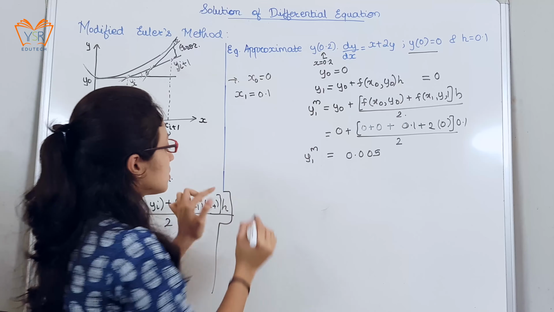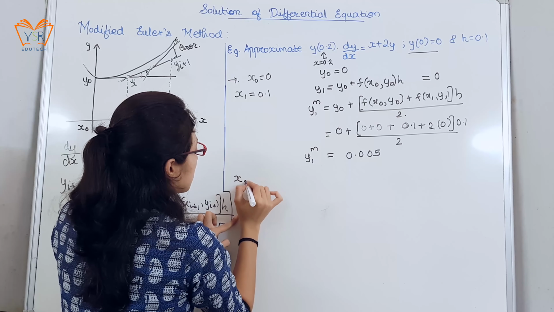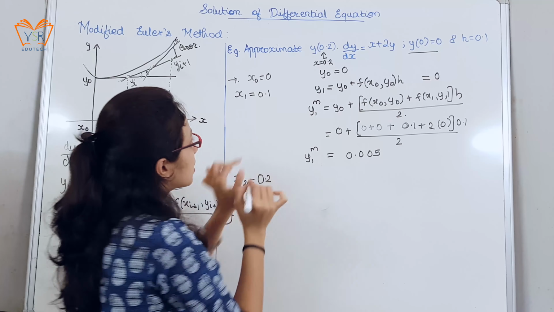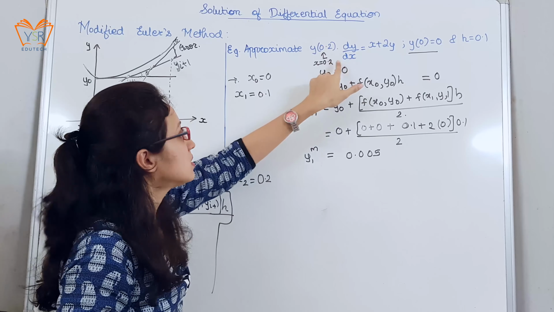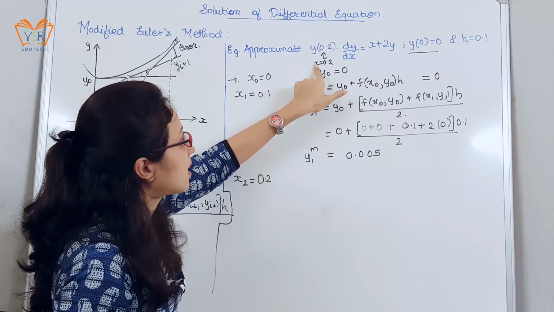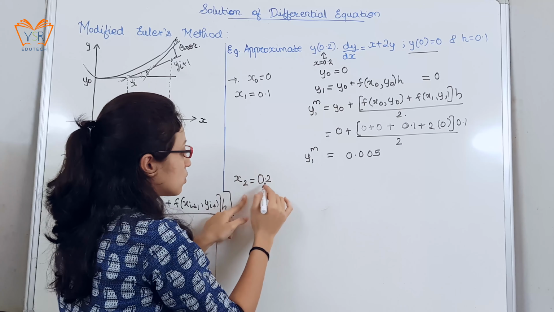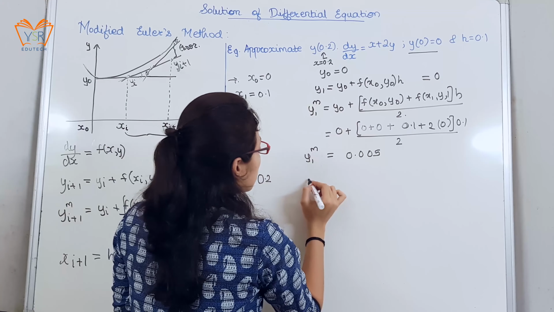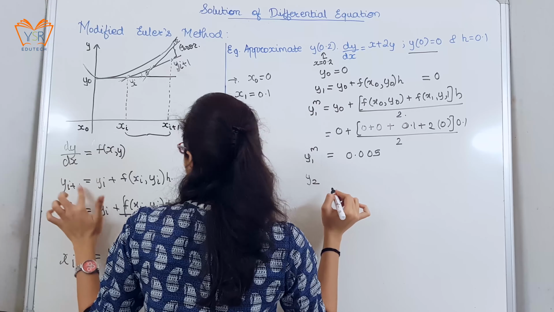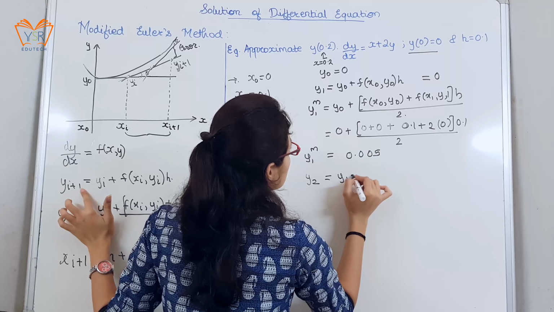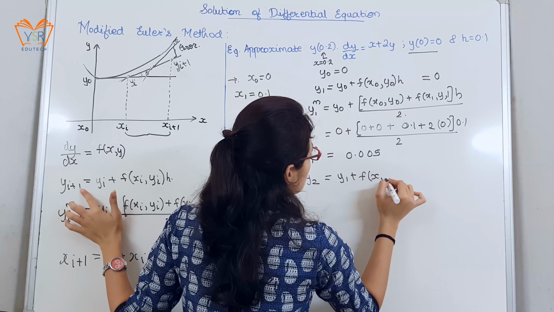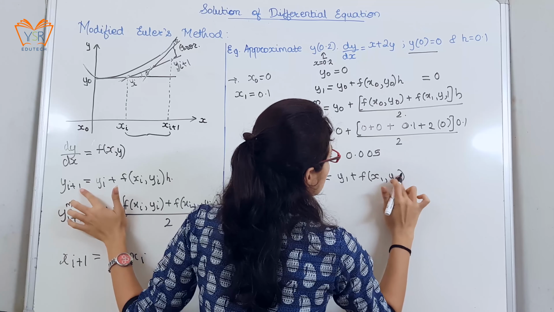They have asked us the value of y of 0.2. That means we want the value of y at x equal to 0.2. So at x equal to 0.2, y2 will be from this formula, y1 plus f of x1 y1 into step size.